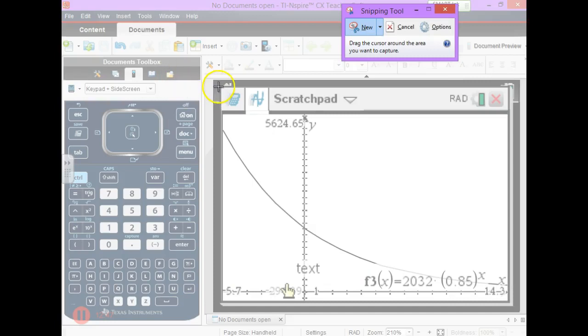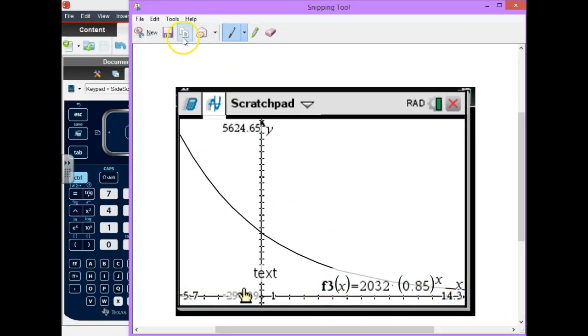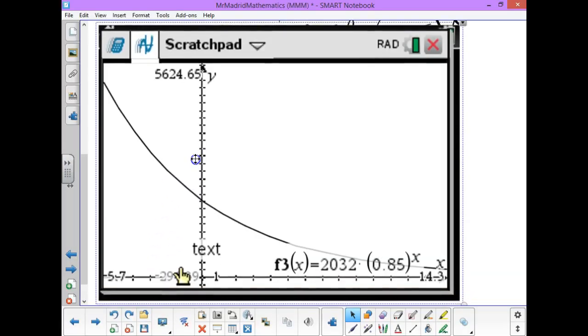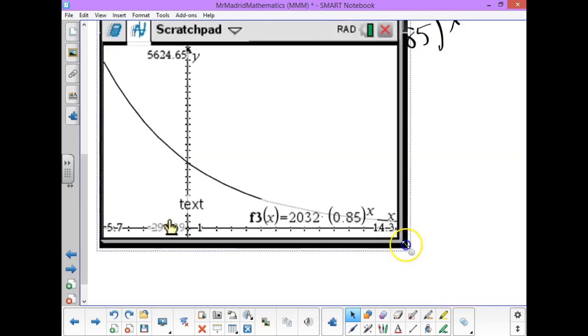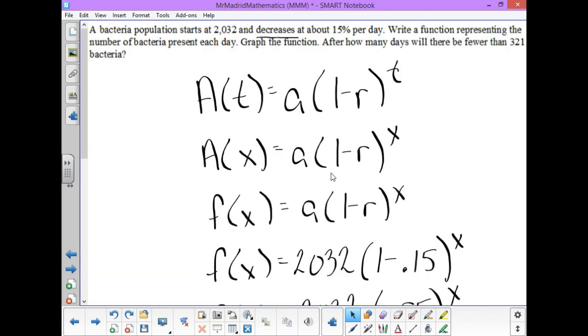Let's see here. Alright, that'll work. What else did they ask for? After how many days will there be fewer than 321 bacteria?